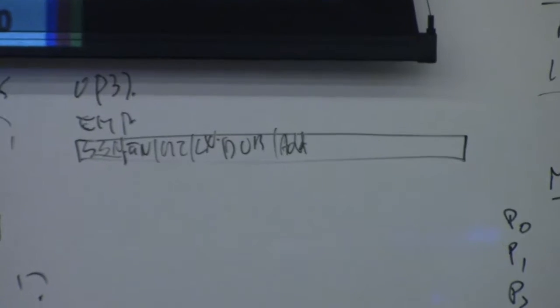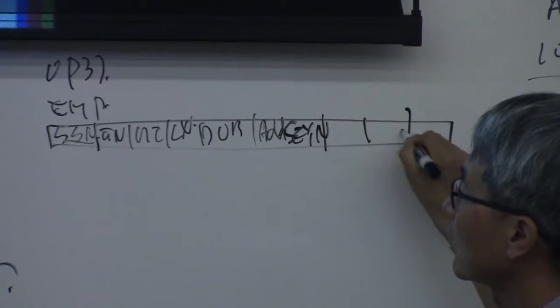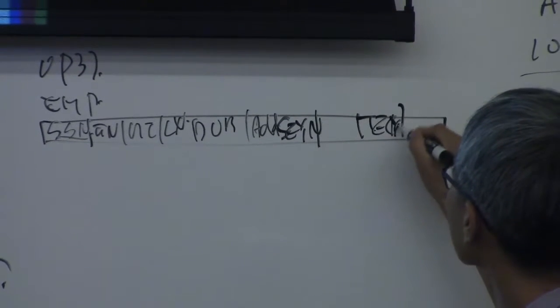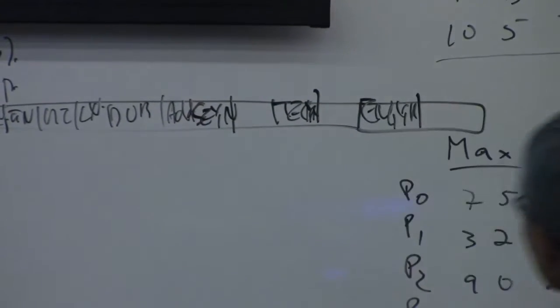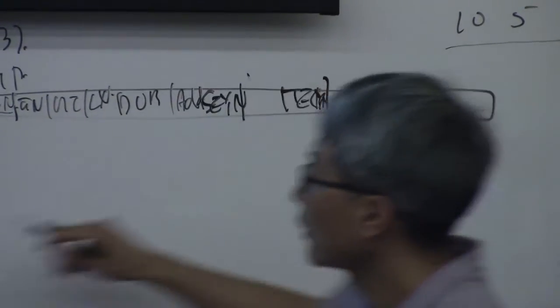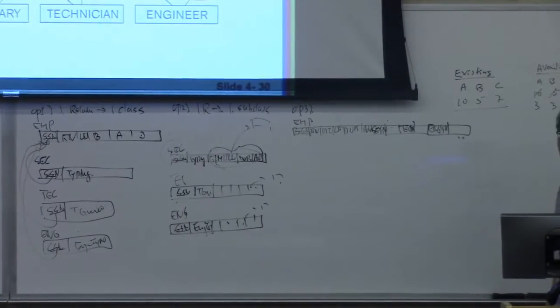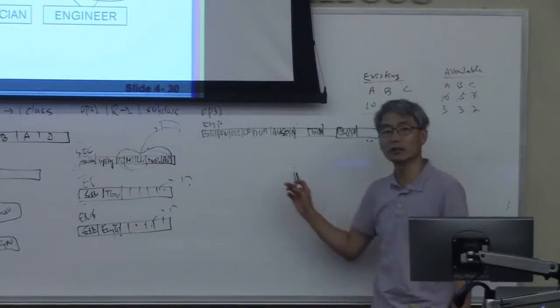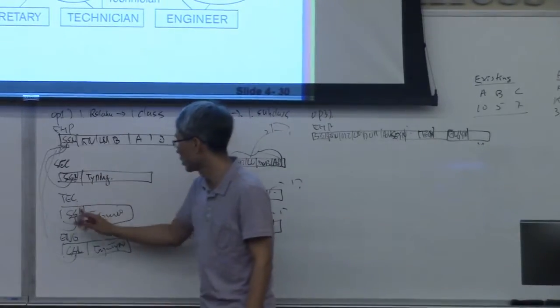To handle the subclasses, we can use the Boolean type, yes or no: secretary, yes or no; technician, yes or no; and engineer, yes or no. So we can add an attribute for each subclass as a boolean. In this case we can handle overlap because we have an attribute for each of the subclasses.